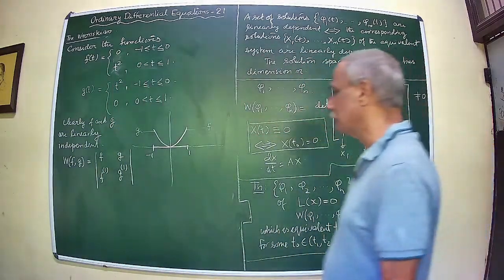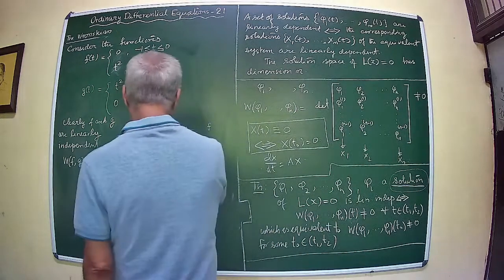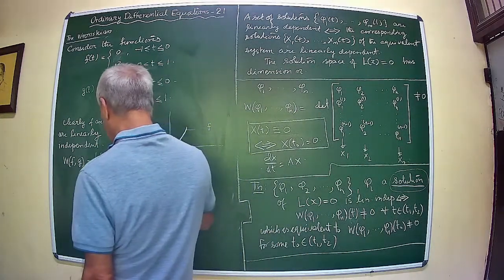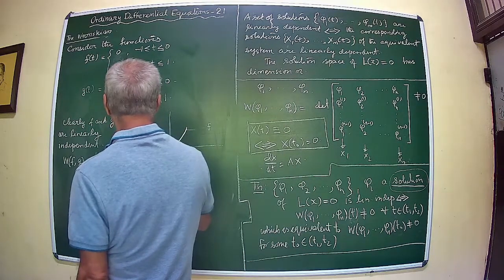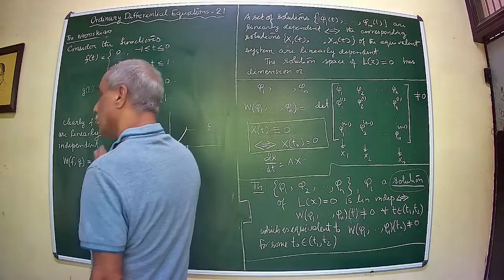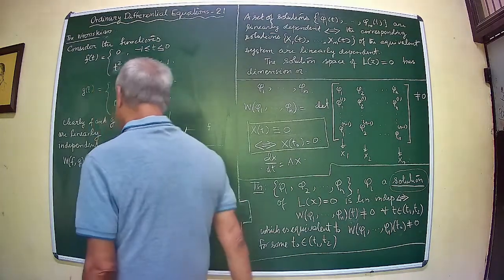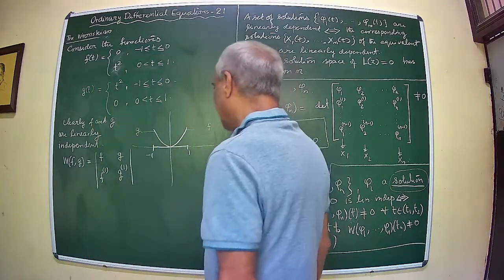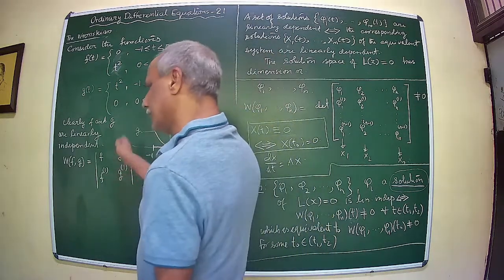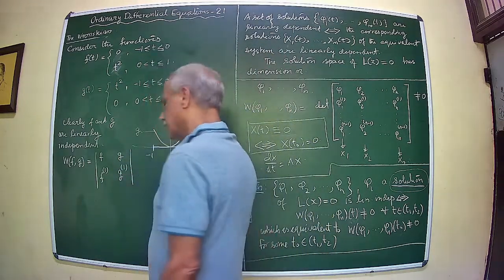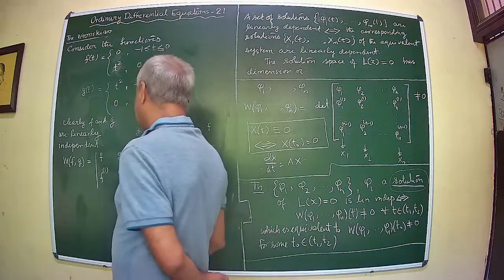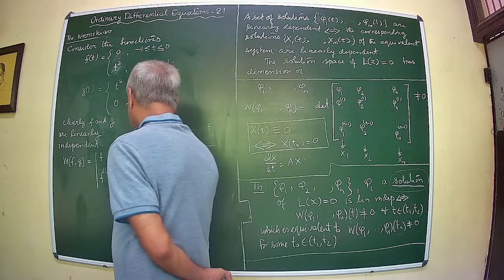Now you see that from -1 to 0, f is identically equal to 0, therefore this column becomes 0, whereas irrespective of the value of this, you see that the determinant is equal to 0.